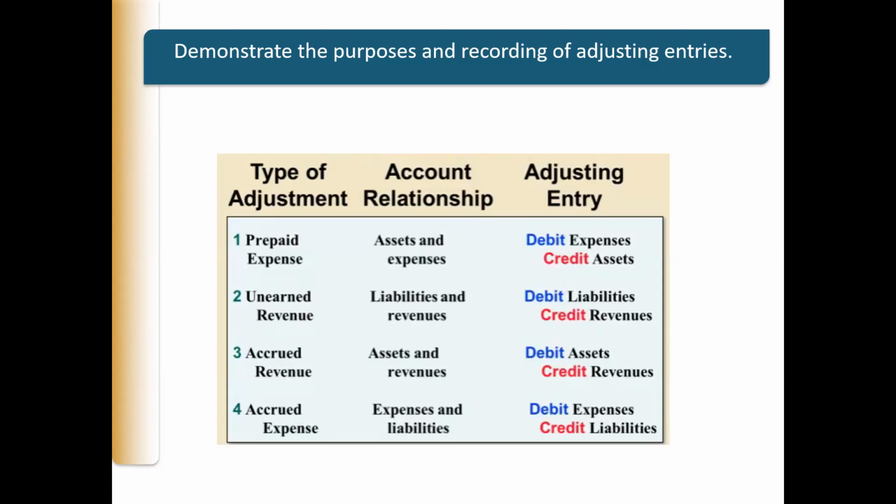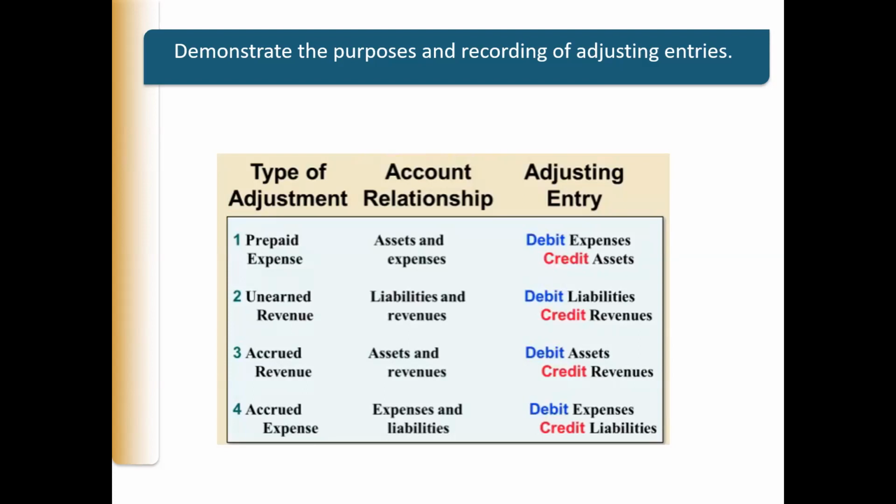Now, these adjusting entries are unique in that we have to look internally at our books and decide what needs to be adjusted. So these aren't like external transactions that get recorded. This is some adjusting entries to see of things that have transpired.